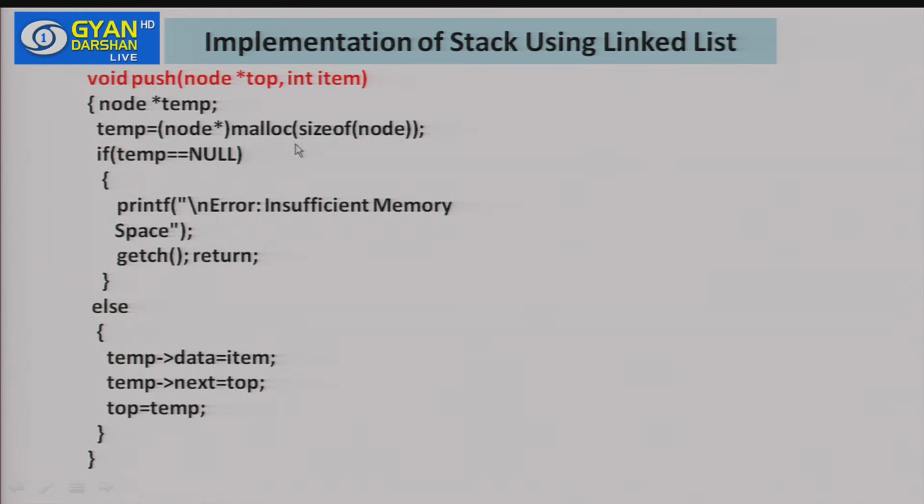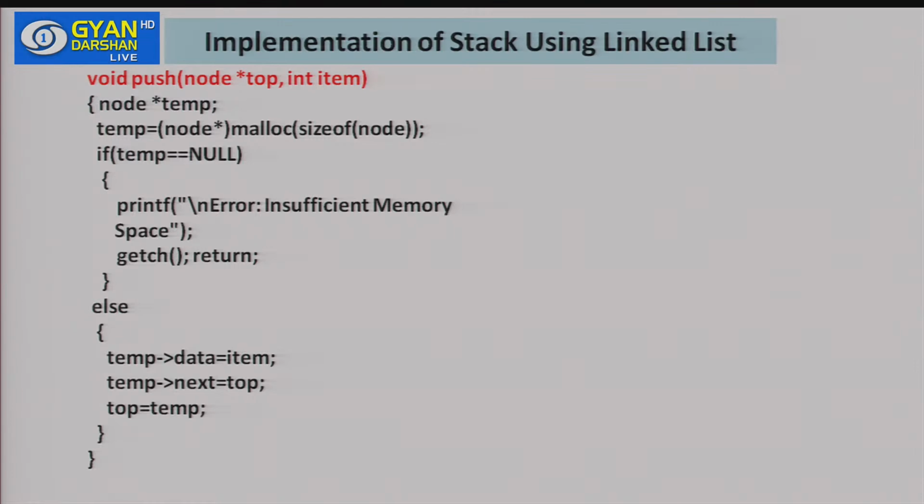Otherwise, if the node is successfully created, that is shown here by the else part. The item which is going to be inserted is stored into the data part of the memory created, and that is done by temp arrow data is equal to item. Then temp next will be connected to the top, because if it is already containing the stack, then the top element or the last node of the linked list should be connected with the new node.